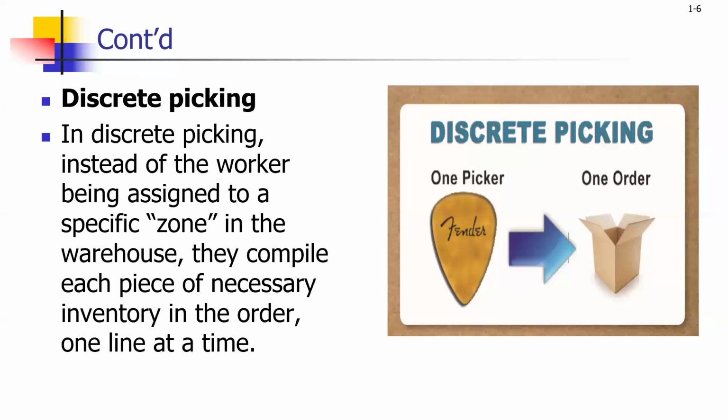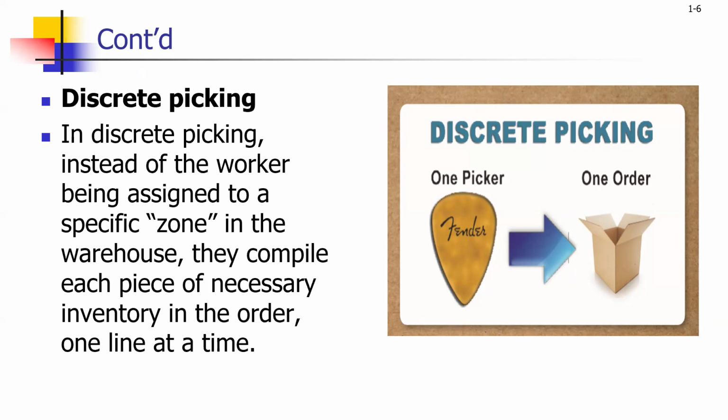Okay, so unlike this zone picking, where the item or the order moves from one zone to another, and sometimes it's even automated when it moves from zone one to zone two, zone three, the discrete one has only one person assigned. There's nothing like a specific zone.